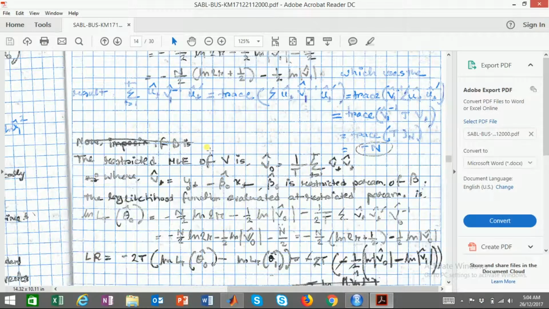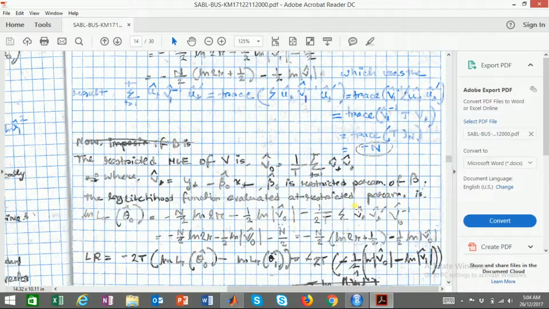The restricted maximum likelihood estimator of the covariance matrix v is v naught hat, which is again 1 by t multiplied to the sum of vt hat and vt hat transpose, where vt hat, similar to the disturbance vector, we are just using v instead of u, is equal to yt minus beta naught hat xt.